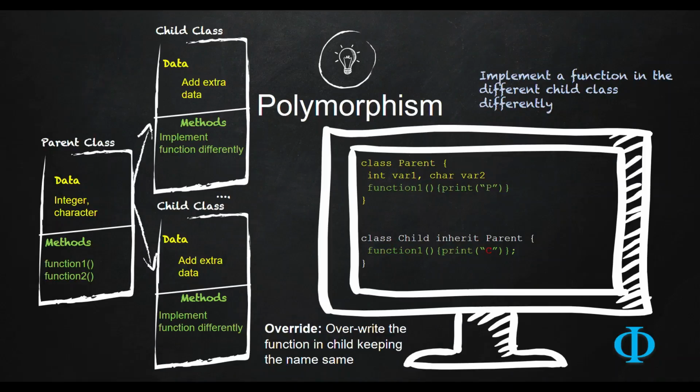From this slide and in the next couple of slides, we are going to learn about another very important property of object-oriented programs, and that is polymorphism. So what is the meaning of polymorphism? The dictionary meaning of polymorphism is something like the same thing existing in different form.